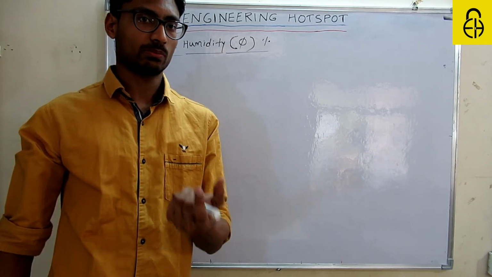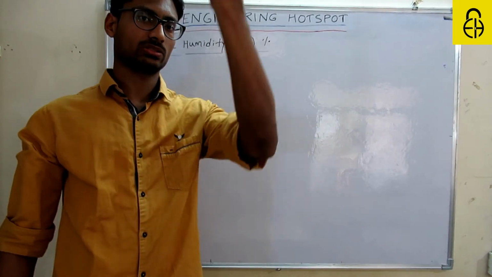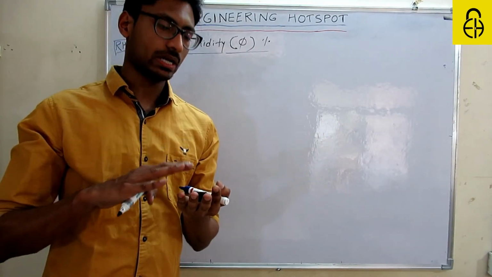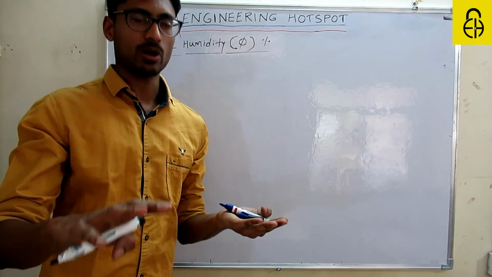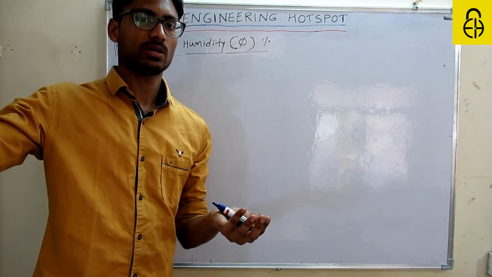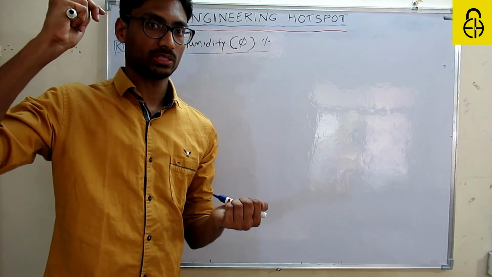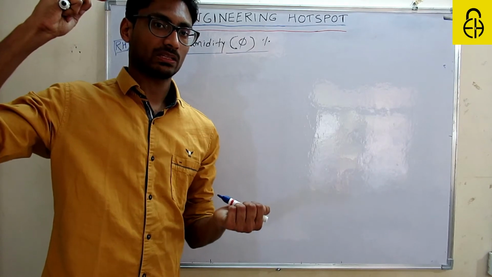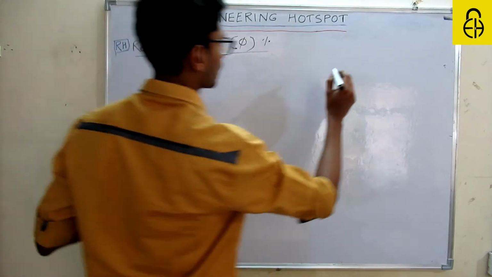The amount of water vapor present in the air can be 0 or it can reach some maximum value. When the water vapor present in the mixture reaches a maximum value, that mixture is called saturated mixture.